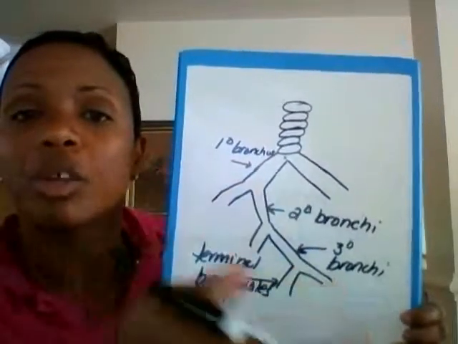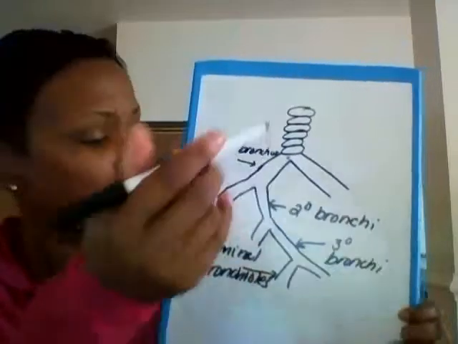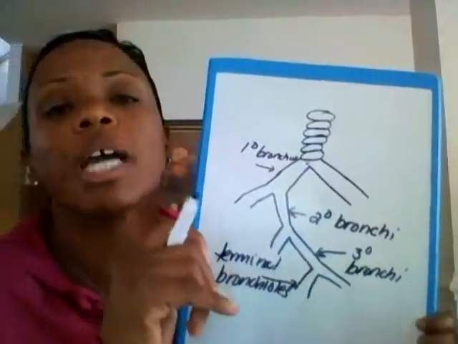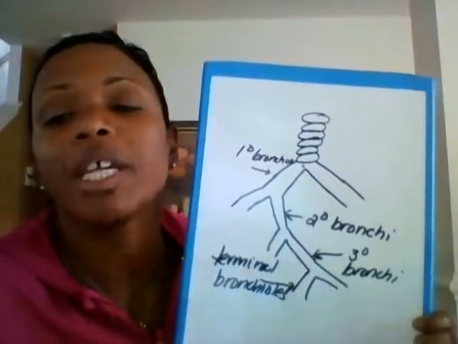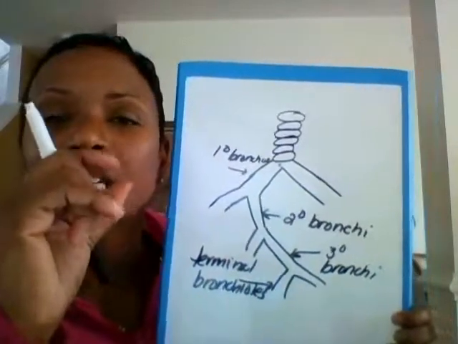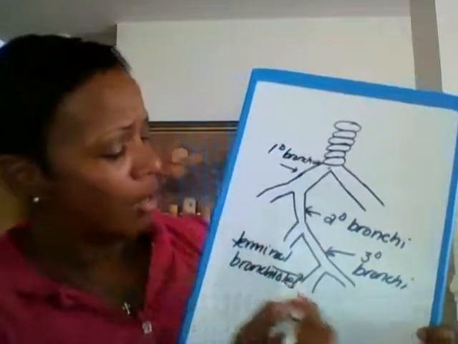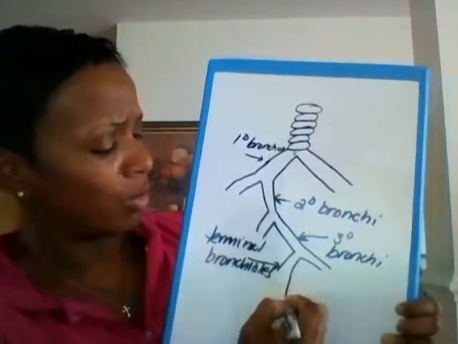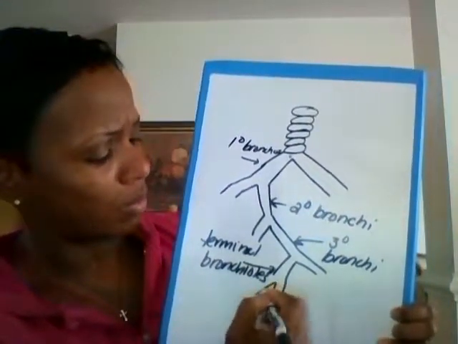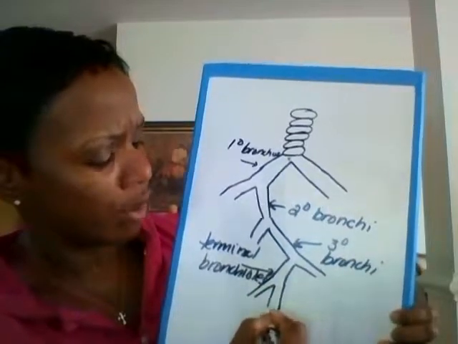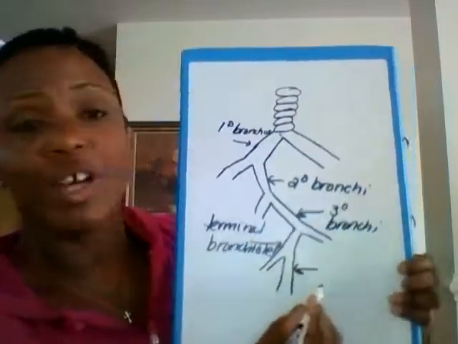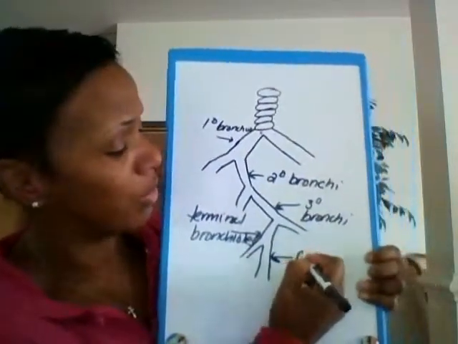Terminal, you think, okay, terminal means the end. Well, actually, it's not in this case. The terminal bronchioles, however, are so very small that in the PowerPoint presentation, they have to take a little piece of it and enlarge it so that you can understand what's happening. The terminal bronchioles then branch off to what are called respiratory bronchioles.